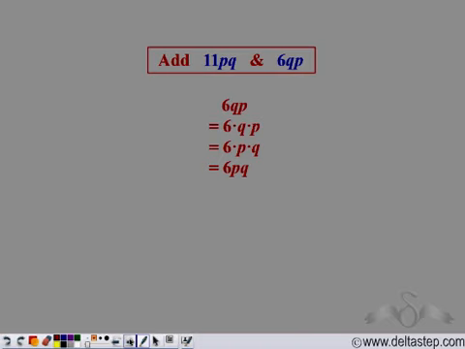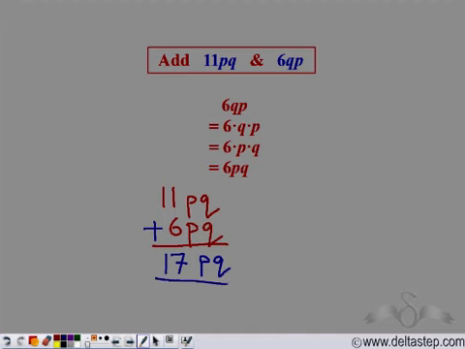So we can add them. So let's write them in column. 11pq, 6pq, the variable part remains the same, pq. 11 plus 6 gives us 17. So we get 17pq as the answer.